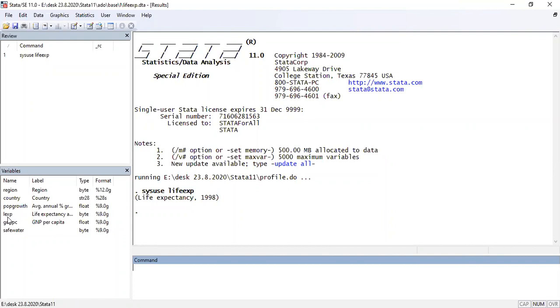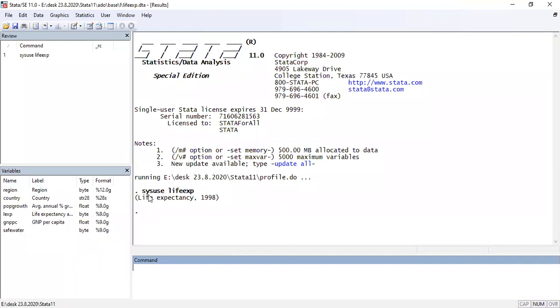Then lexp. What is lexp? lexp is life expectancy at birth. gnppc, what is that? GNP per capita. And safewater, which is not labeled, is safe water. So these are the variables in that file.